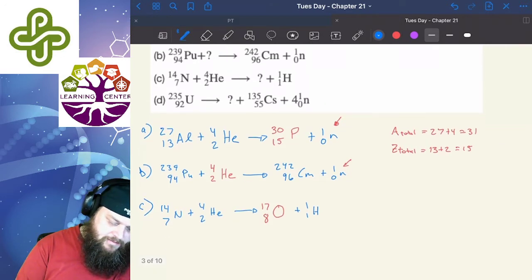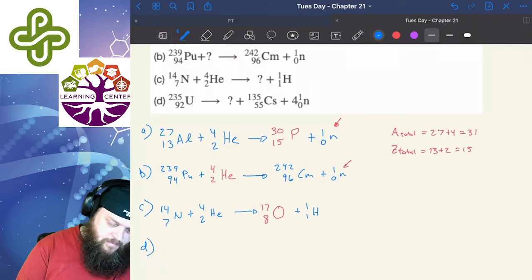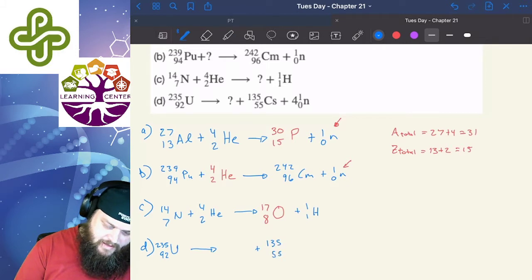Part D is uranium 235, which is going to produce something plus 135, 55, I think that's cesium, plus 4 neutrons. So that's interesting.